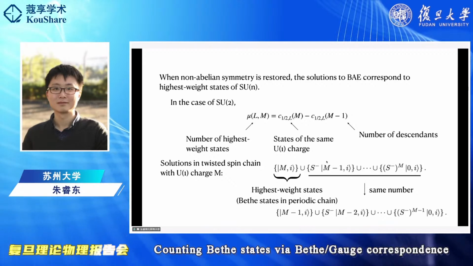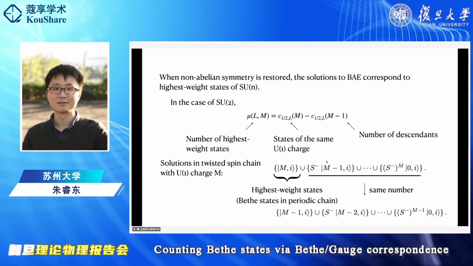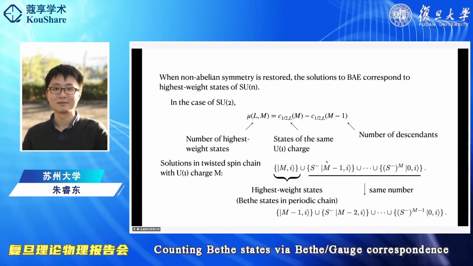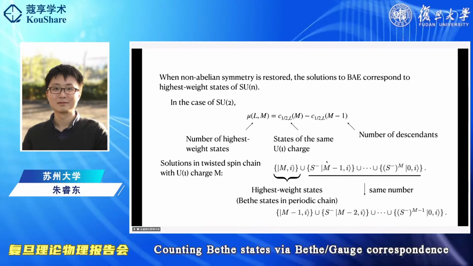So how to understand that: in a twisted spin chain with the same U1 charge, we have the states that are going to be the highest weight states in the periodic case. We also have a lot of periodic descendant states, but each descendant state corresponds to, like, I can remove one S, the number of states with one less U1 charge or one less magnon number.